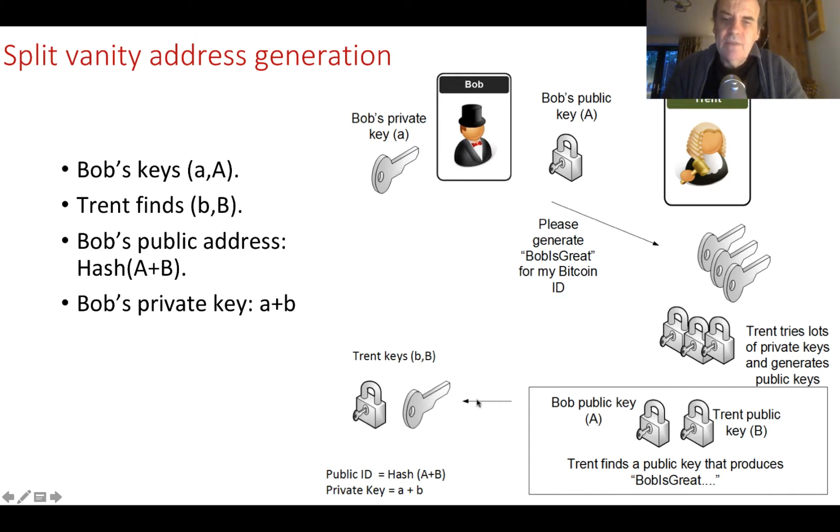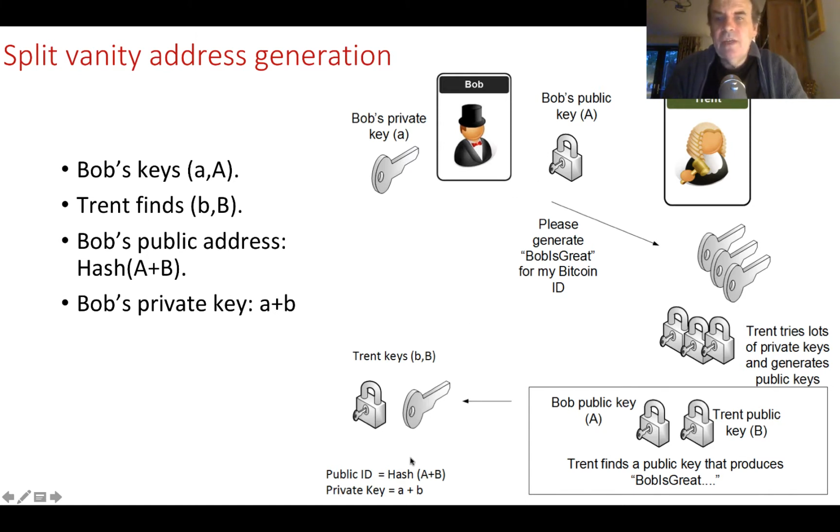So he then sends back B, which is the private key he's found, and big B, the public key. Bob then takes his private key and the one that Trent created and creates a new private key. So there is no way that anyone can know what the private key is that Bob has generated.